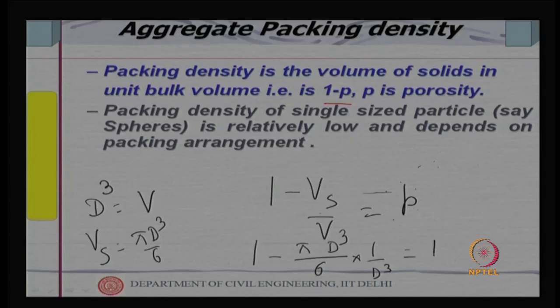So, this will be simply 1 minus pi by 6, and this will be somewhere close to 0.48.